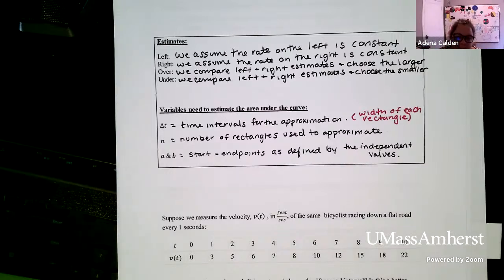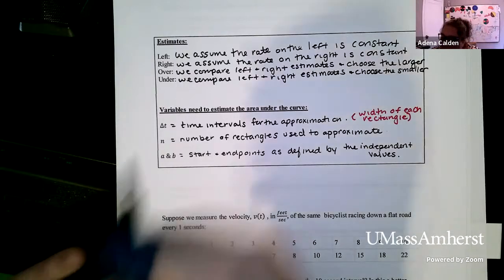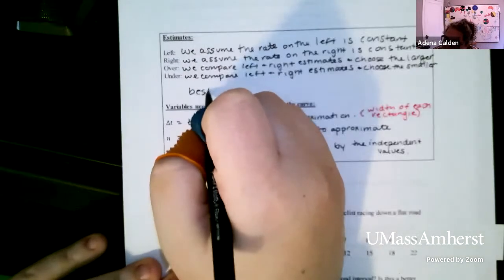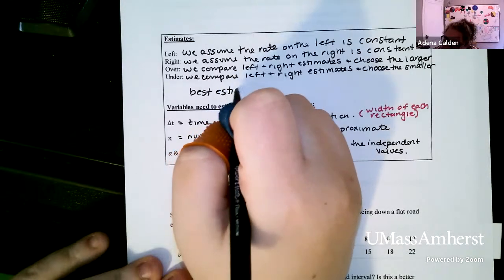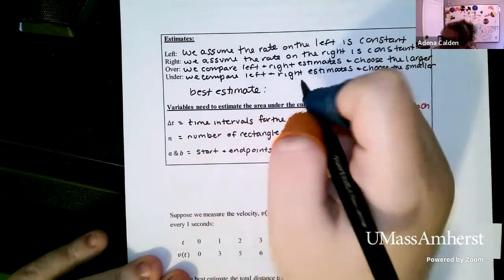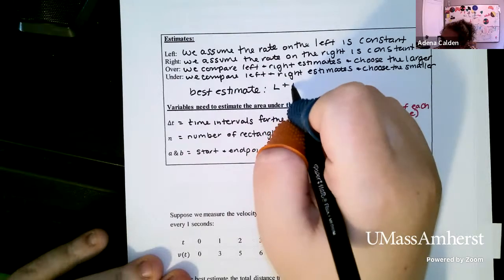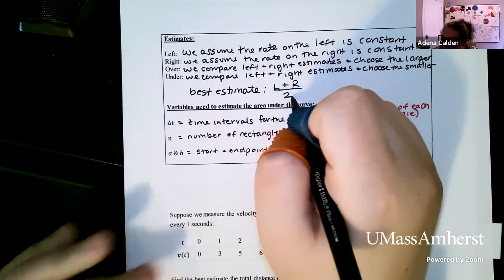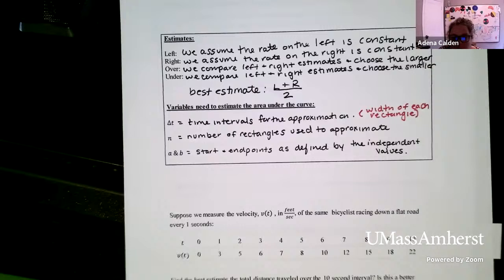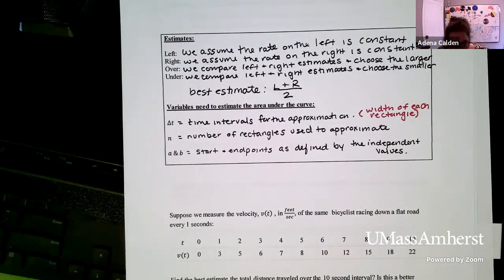And there's the underestimate, where we compare the left and the right and we choose the smaller one. Then there's also the best estimate, which is the left estimate plus the right estimate divided by 2, or you can do over and under divided by 2. It's the same thing. But that's how you pick the best estimate.